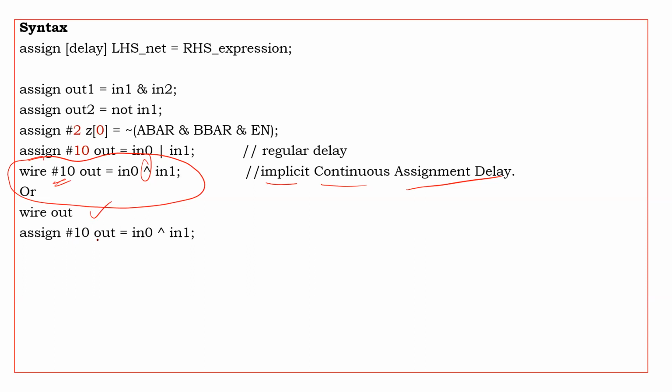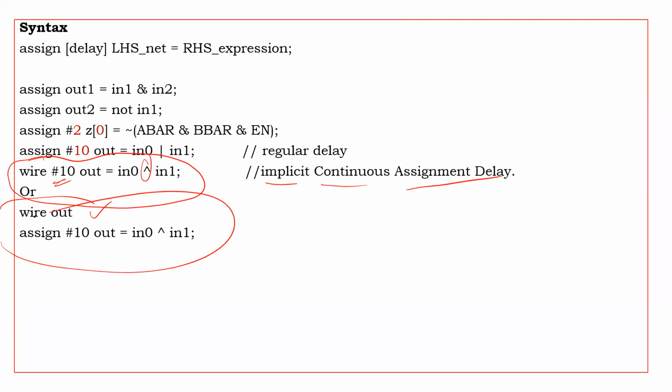The same single statement can be split, because I already stated that it is an implicit continuous assignment delay, meaning hidden, but you could not find any assign keyword in that statement.